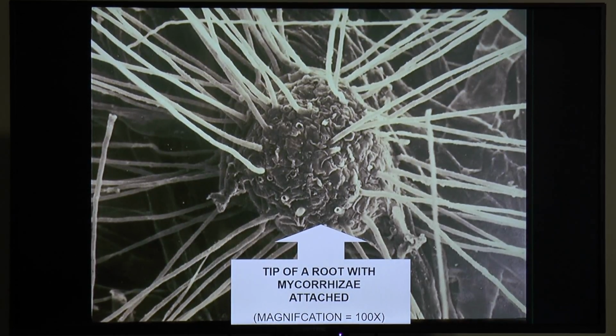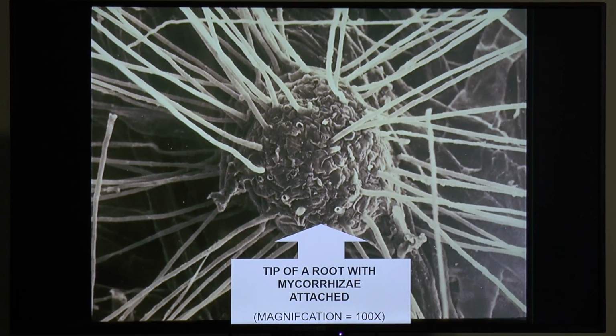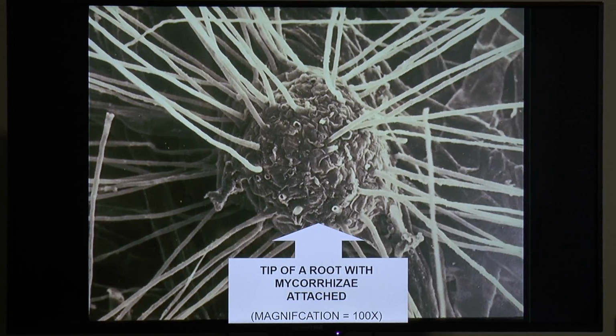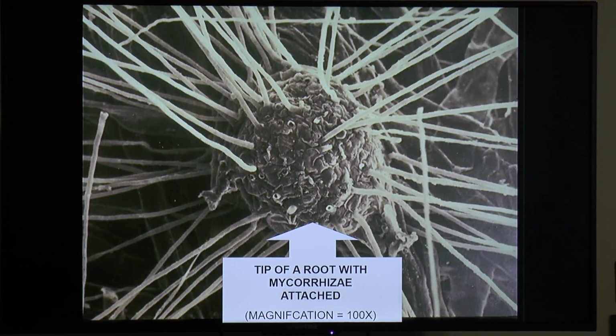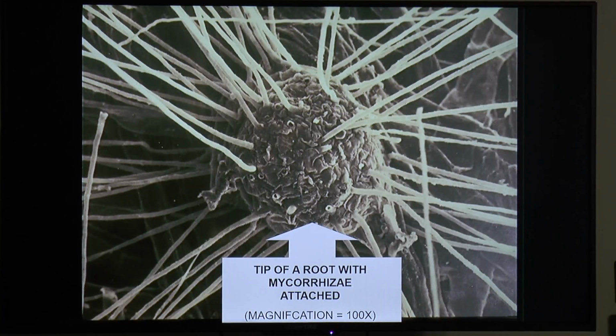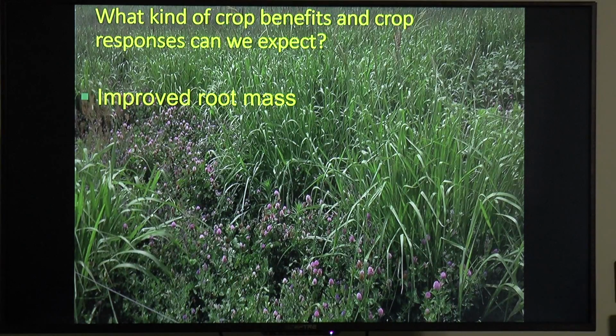So instead of a few millimeters, a colonized plant with mycorrhizal fungi can access water up to 2 feet past the root system. That's a huge increase in the ability to access water and nutrients.